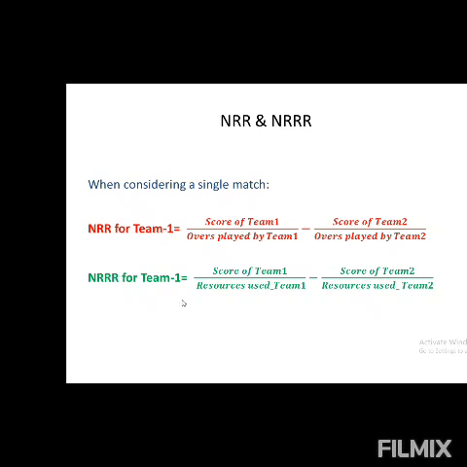But in the NRRR method, the denominators are resources used by team 1 and resources used by team 2. When we talk about resources used, it is very clear that that includes the wickets remaining also. So in that way, this equation includes the wicket factor. But we have a small problem here.